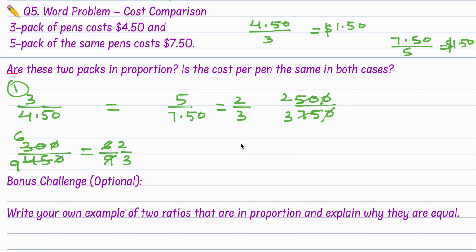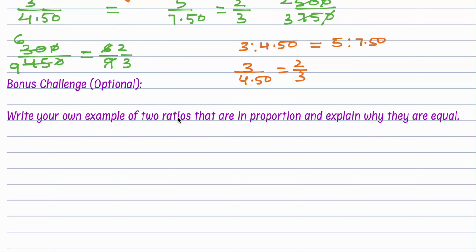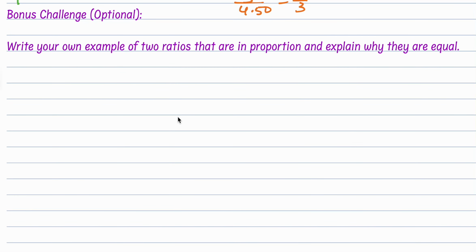Or you can also do the proportion method. 3 times 4.50 should be equal to 5 times 7.50. Again you have to, because you have to compare the ratios, nothing is missing here, so you have to go by this way only, right? So actually this method is the perfect one. Either calculate the cost or this one. So I hope it's very clear to you, and if it is, you will love this question.